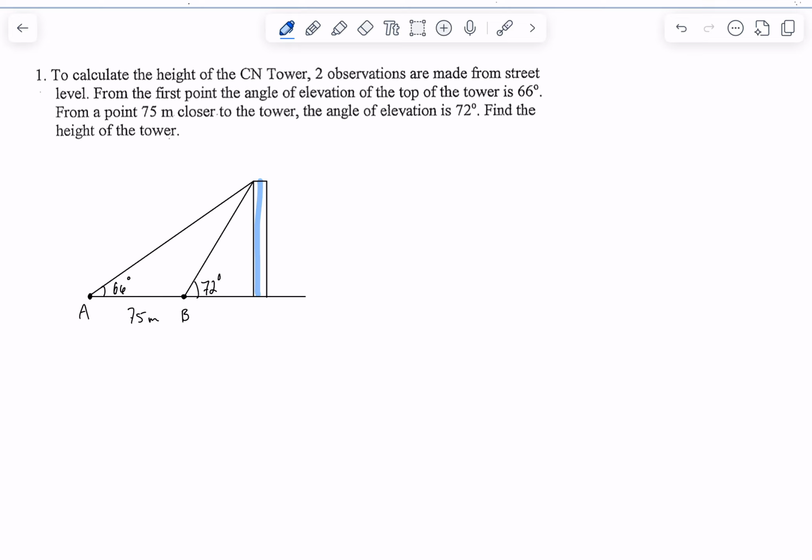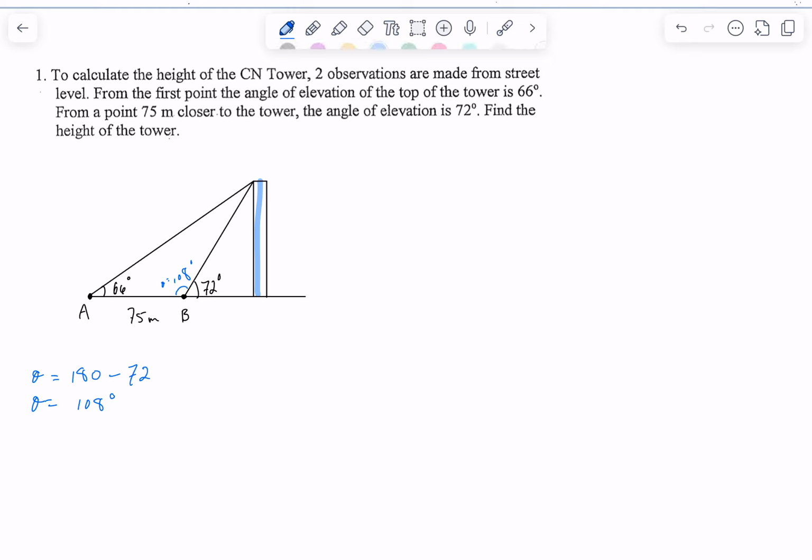And so what I can say here is I can figure out what this angle is, theta. Theta is going to be 180 minus the 72, okay? And so we're going to get 108 there. So theta is going to be 108, okay? Which then means I can solve for the other angle up top of the triangle.